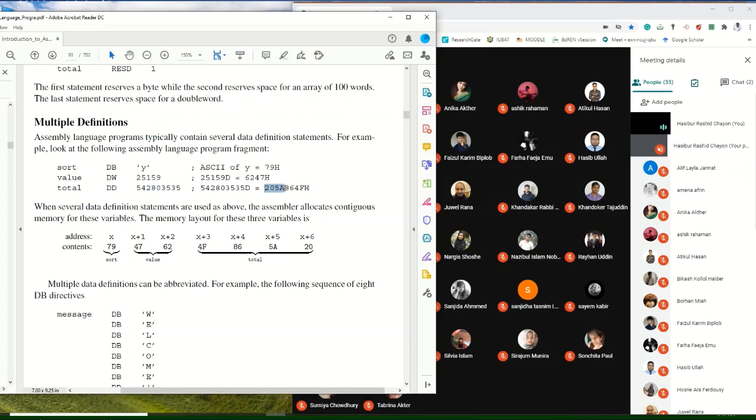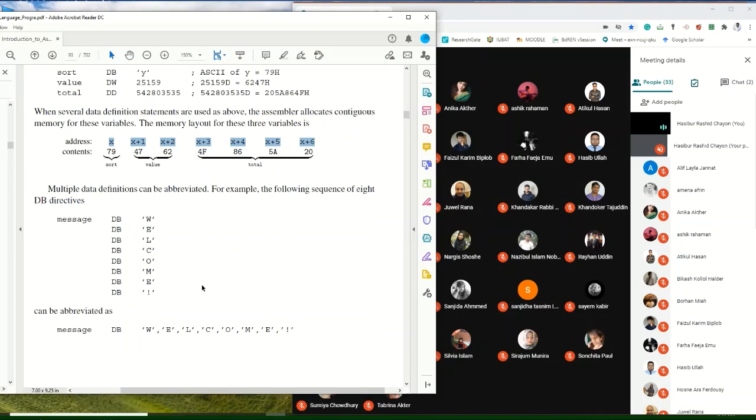According to the rule, this one should be the least significant byte, 4F first, 4F here, then 86, then 5A, and then 80. So that is a proof or an example that whenever you write this type of code, the assembler allocates the memory location serially. Okay, serially. That's all.